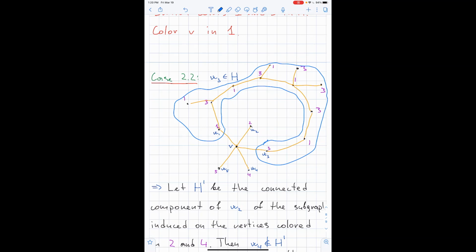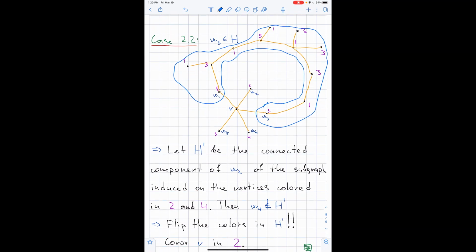We're still going to have all the colors used for the neighbors of V. So the idea now is to consider another subgraph H prime, and this time we take the connected component of W2. W2 is here, and we consider the graph with vertices colored in only the second and the fourth color.